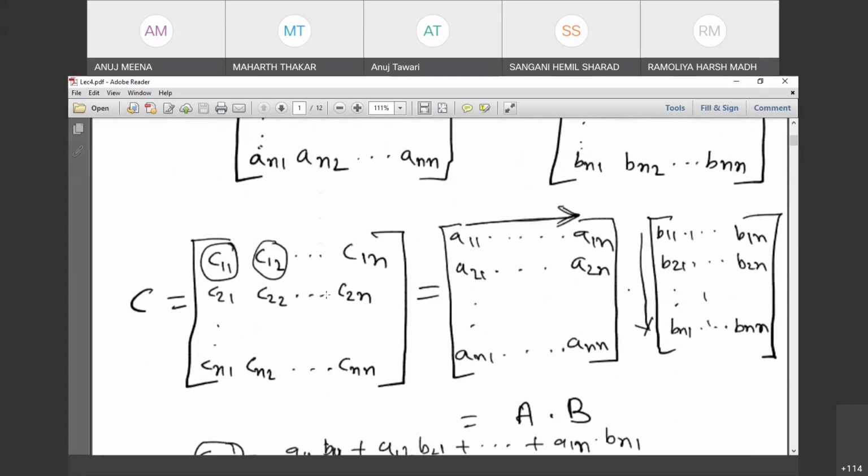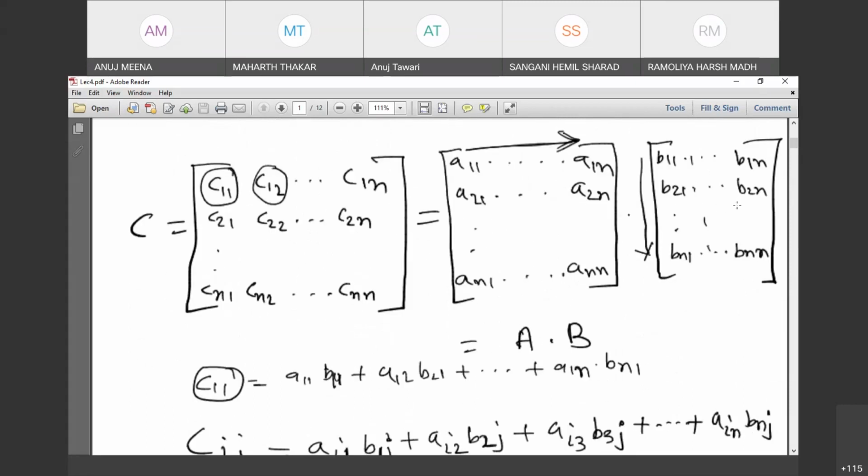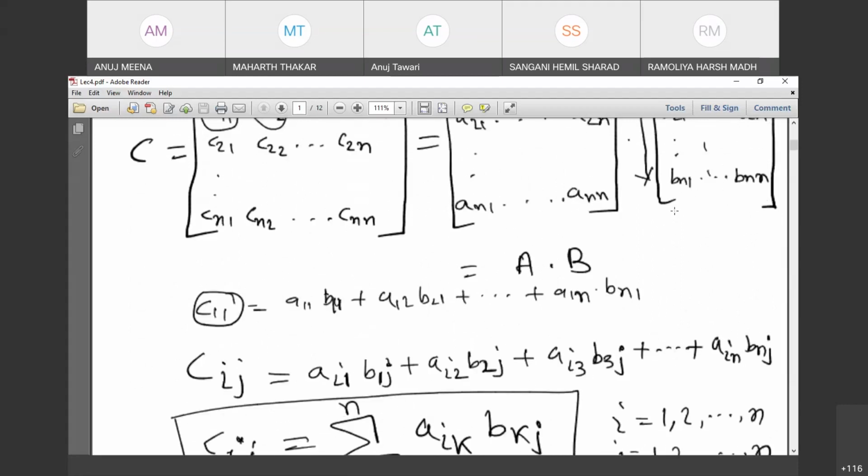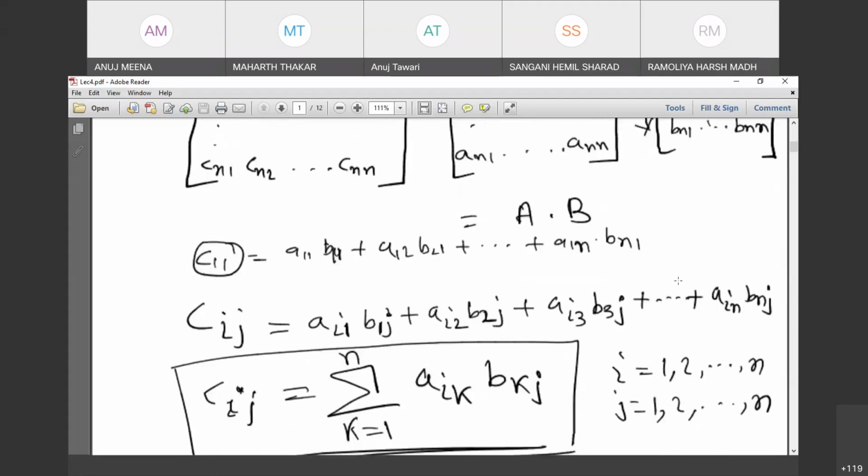And you keep on doing this to get the individual entries. C11 is A11 multiplied by B11, plus A12 multiplied by B21, and so on.